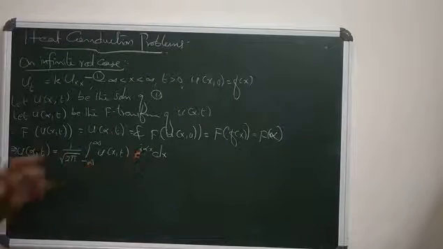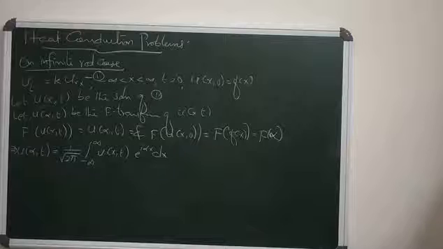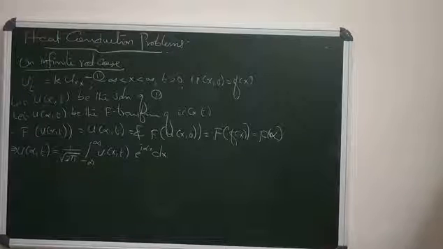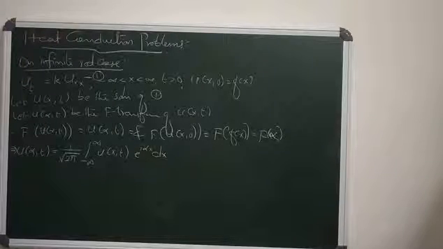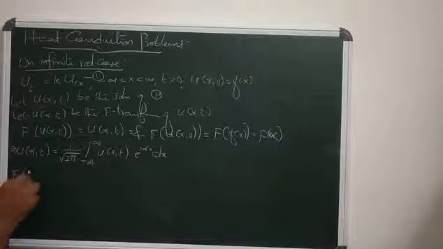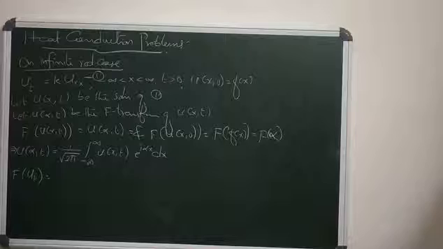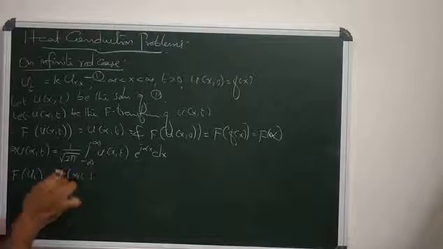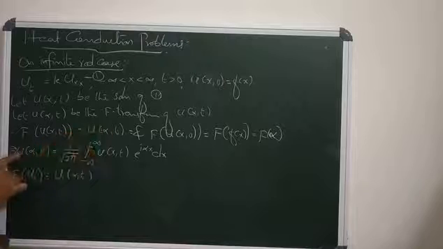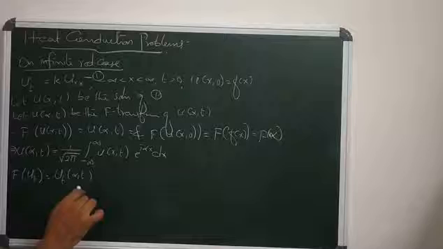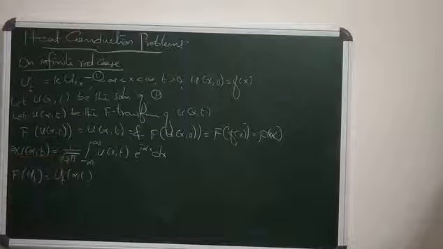By the definition of the Fourier transform, it is 1 by root 2 pi integral from minus infinity to infinity u of x t e power i alpha x dx. And what is F of u t? F of u t of x t is u t of alpha t, with respect to t. Why? Because t is fixed.